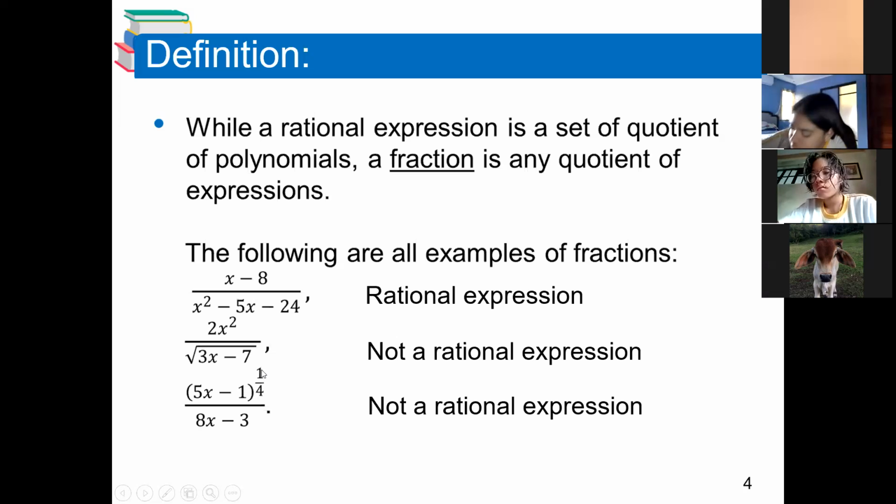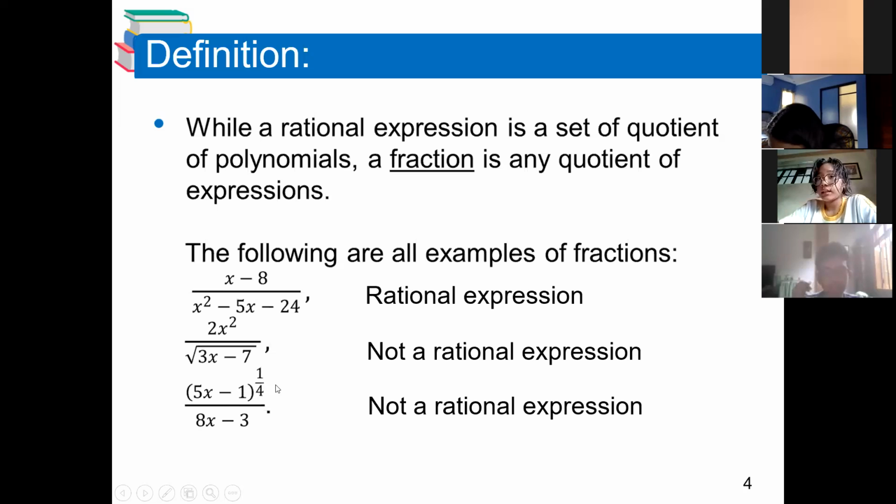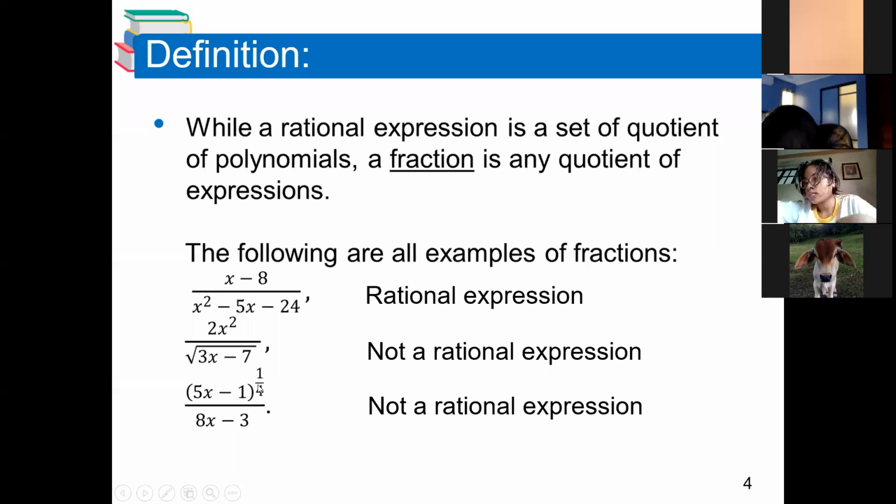And 1/4 is not an integer. When you talk about integer, whole number, this is not a whole number, rather this is a fraction. Therefore, the numerator contains a fractional exponent.